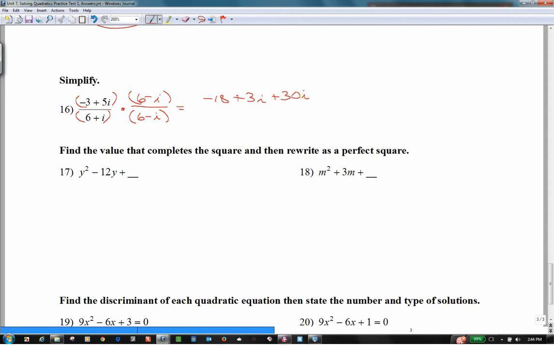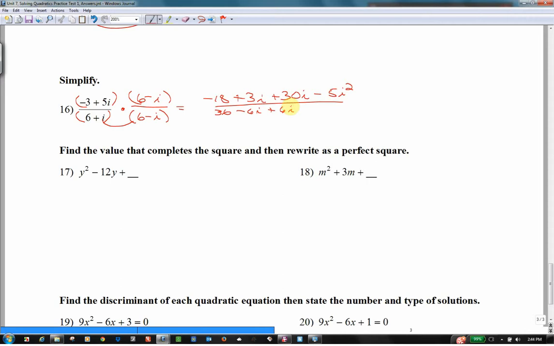So that's my numerator. The denominator is going to be 6 times 6 is 36. 6 times a minus i is a negative 6i, plus i times 6 would be plus 6i. And lastly, i times a negative i is a minus i squared.